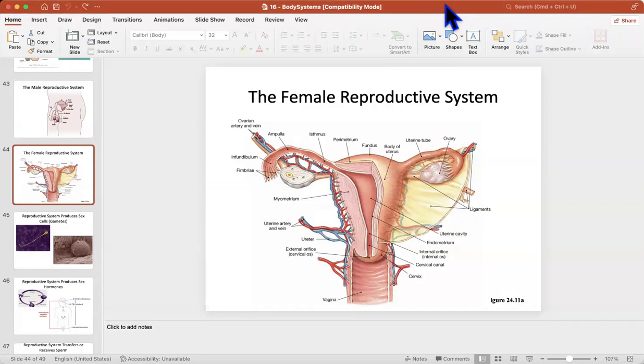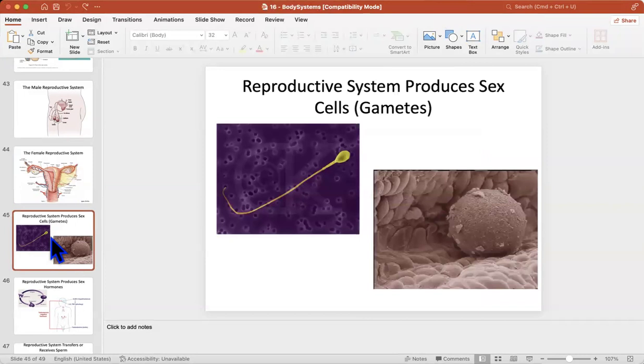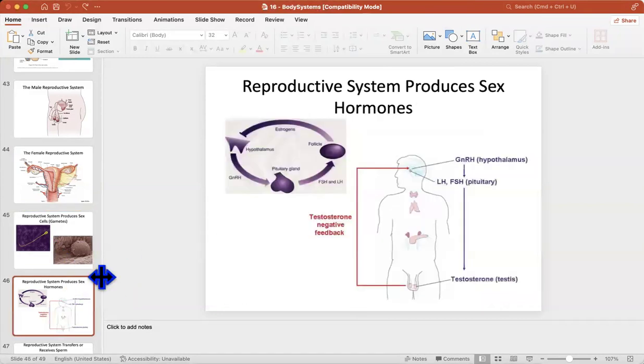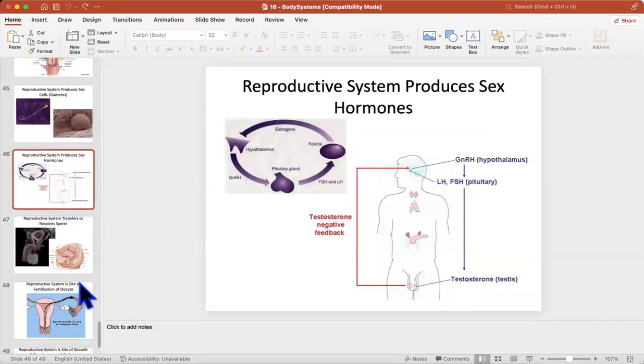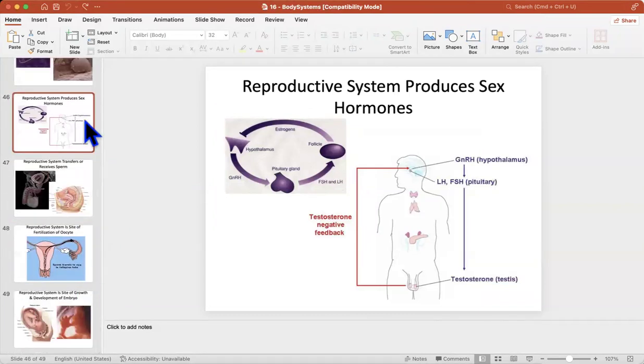There's another unique part in addition to being sexually dimorphic. The reproductive system's job is to produce gametes, the sex cells, the sperm and the egg. They also produce sex hormones: the male sex hormone testosterone and the female sex hormones estrogen and progesterone.